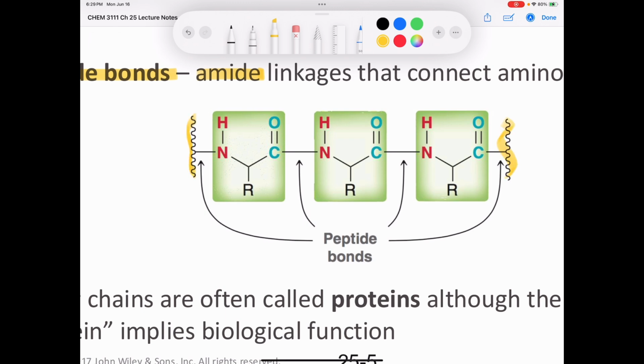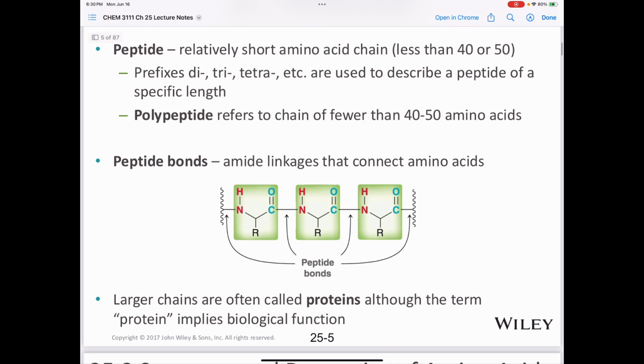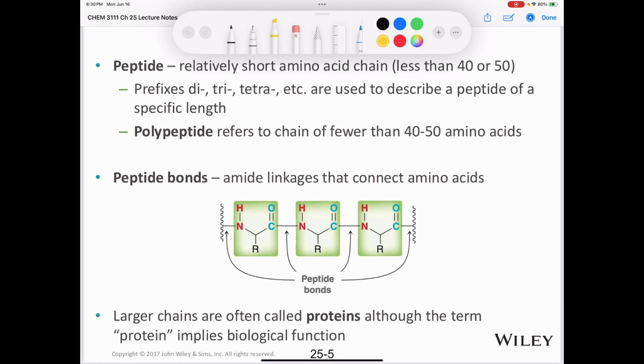But I digress. You can see here that the amide bonds here, that's what we call a peptide bond. So again, a peptide bond is nothing more than an amide bond between amino acids. And if we have a larger chain of amino acids linked together, that's what we call a protein, okay? And protein implies that there's some kind of biological function associated with the molecule.